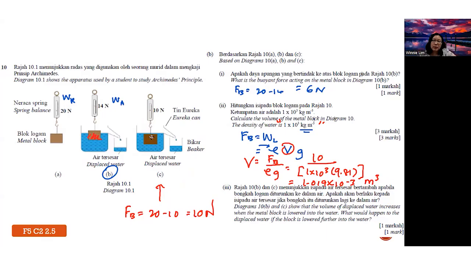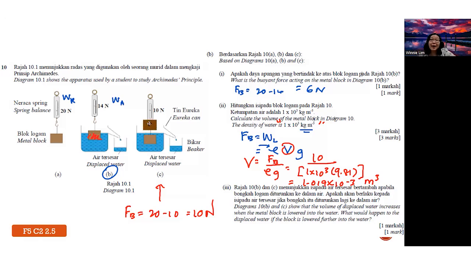Now, in C, the block is already fully submerged, agree? So what you find also, the weight of the liquid displaced and the buoyant force for it. Okay, so if you lower it even further, do you think the water will still displace up? No, because the volume of the block is equivalent to the volume of the liquid displaced already.